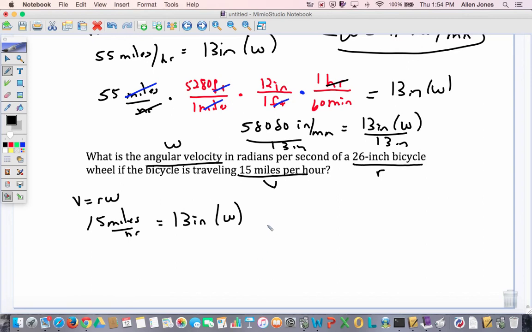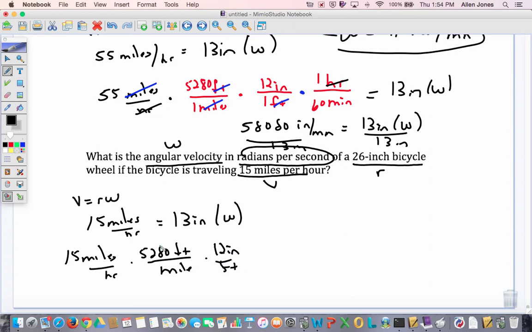15 miles per hour equals, our diameter is 26, so our radius is 13. And with the same situation, we want this in radians per second. I have inches and I have hours, so I have some converting to do. We'll take the 15 miles per hour here and convert it over to inches by putting 5,280 feet in a mile and 12 inches in a foot.